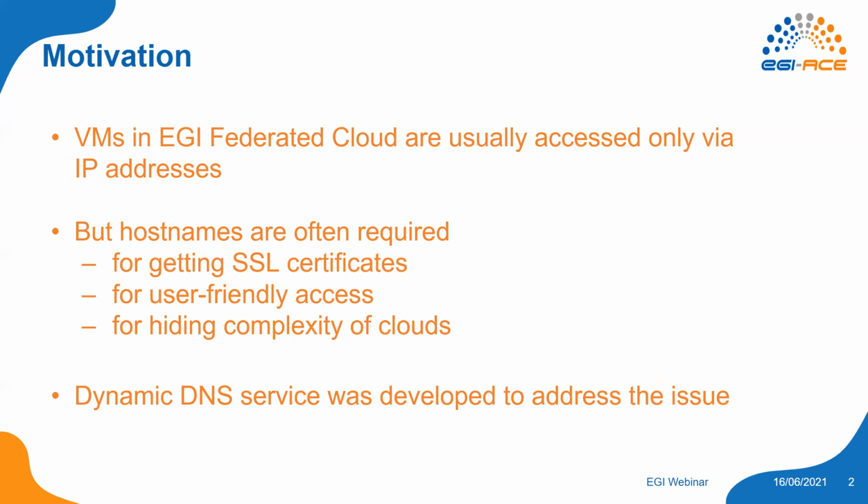But if a user wants to deploy some service in the cloud, you often need an SSL certificate for security and a user-friendly name for accessing it, and you would like to hide the complexity of the cloud. That's the reason why I developed the Dynamic DNS service to address these issues.